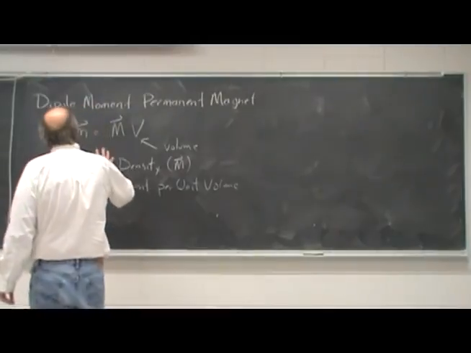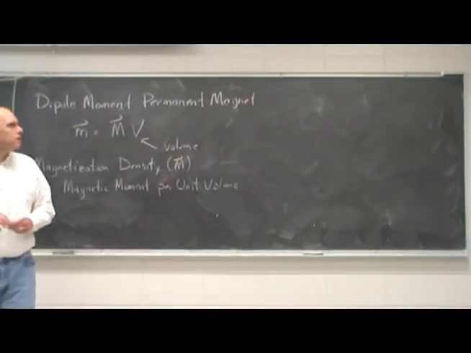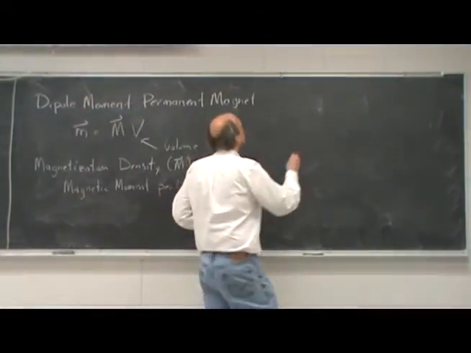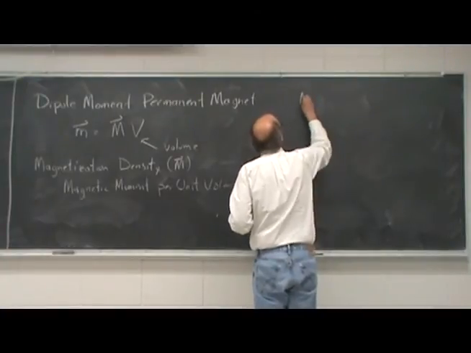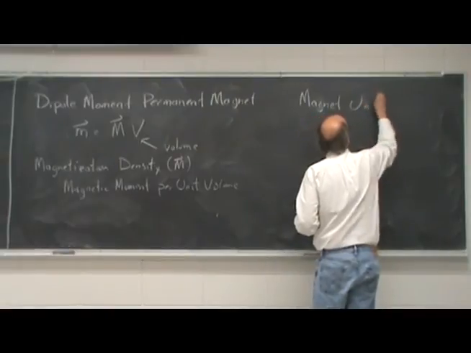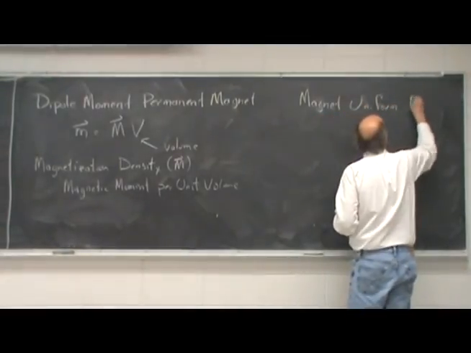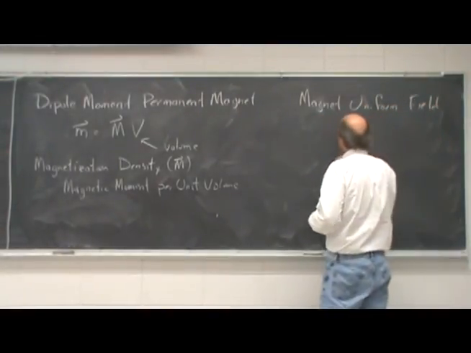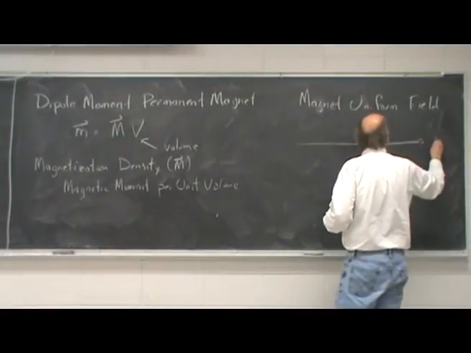All right, so what happens if I put one of these permanent magnets in a uniform field? You already know the answer to this. I'm going to draw, this is now a B field.